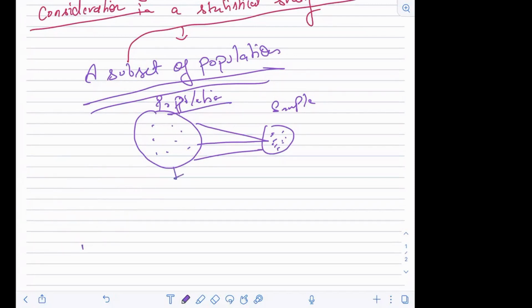When it comes to the population average, the average of population, it is denoted as mu, M. Let me draw again like this. We are calculating the average of a sample. It is called X bar.